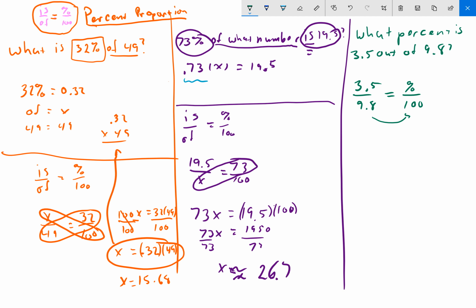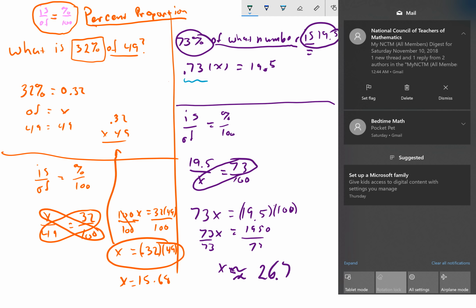And the easiest thing to do is not to go forward with multiplication, but to go backwards with division. If you divide 100 by 9.8, I get some kind of crazy number, 10.204086163.